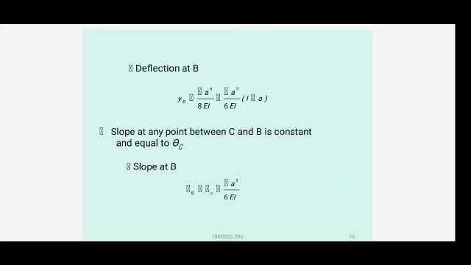Slope at any point between C and B is constant and equal to theta C. Therefore, slope at point B, theta B, is equal to theta C, which is equal to Wa cube by 6EI. Slope at point C and slope at point B are also equal, that is Wa cube by 6EI.